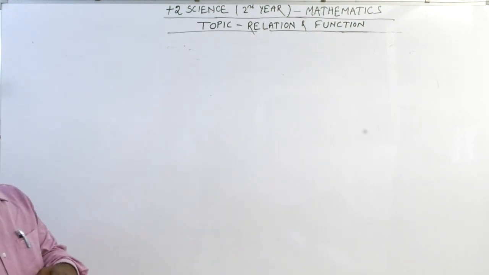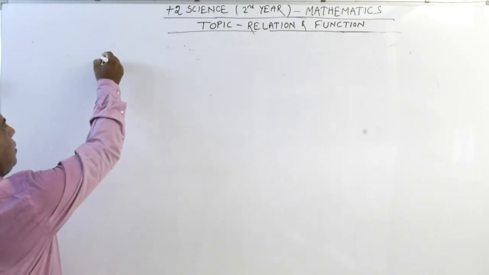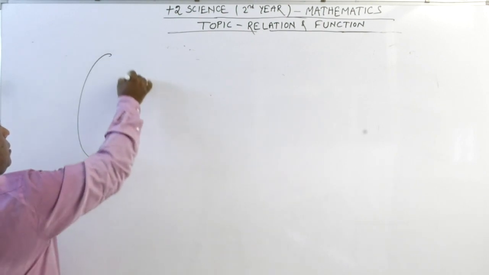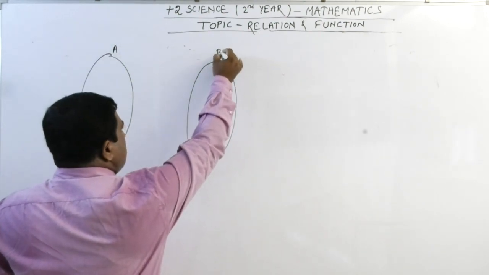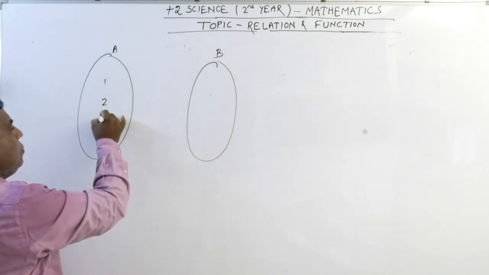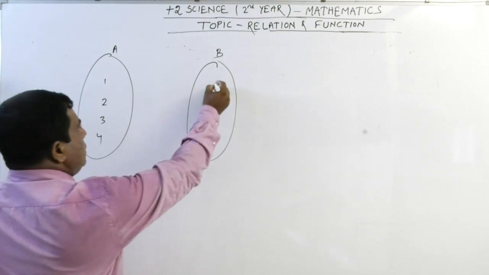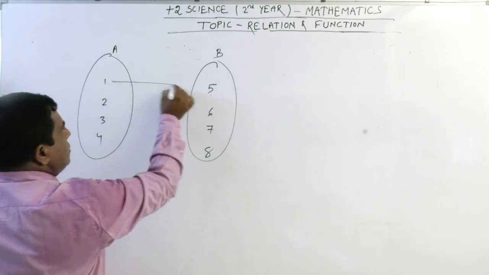So what we do? Suppose we are taking this is set A and this is set B. Suppose A has elements 1, 2, 3, 4, and B has elements 5, 6, 7, 8. These connections are like this.